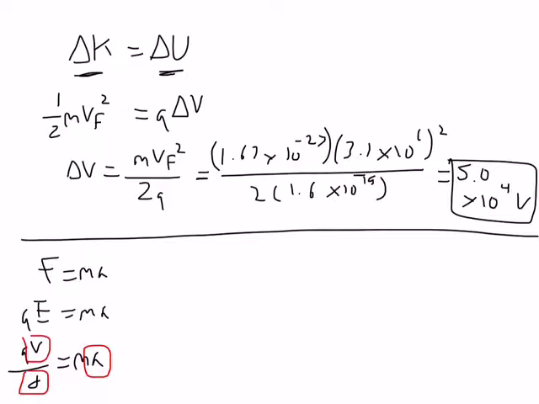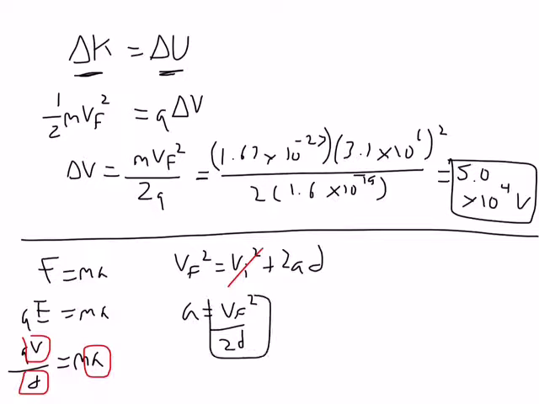But we can also use a kinematics equation, the time-independent one, v final squared equals v initial squared plus 2a times a distance, how long you travel. The initial velocity is 0, and so we can figure out that a is v final squared over 2d.